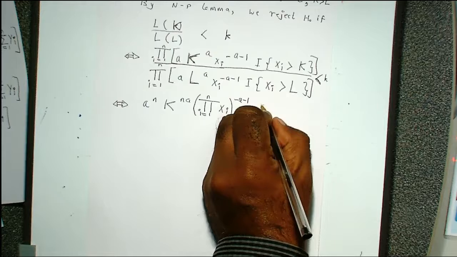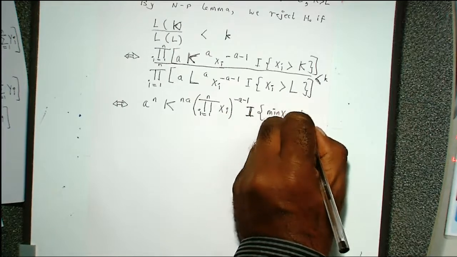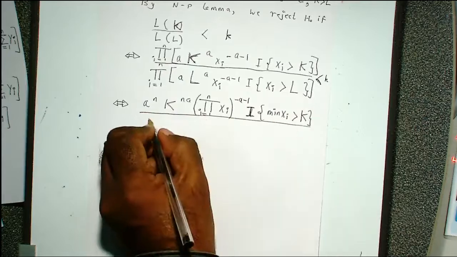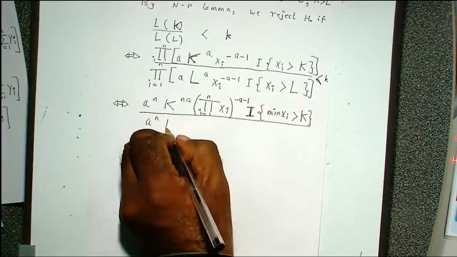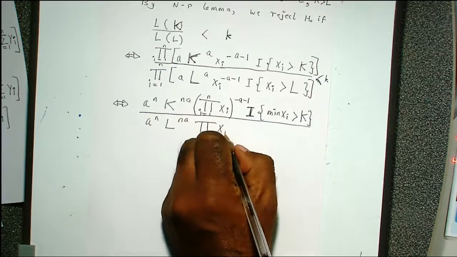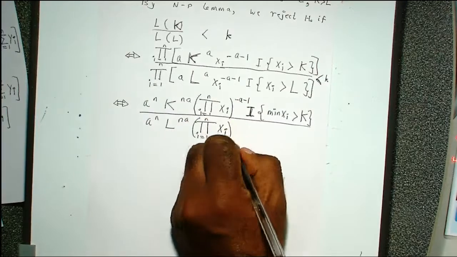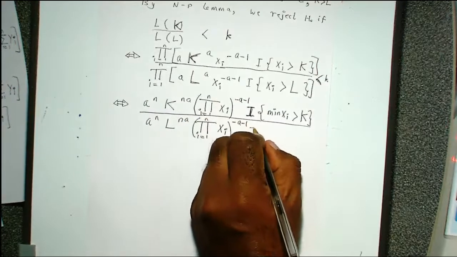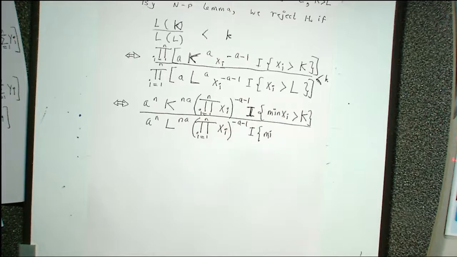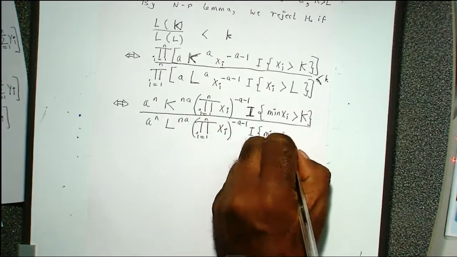The product of this is the indicator that the min of xi is greater than capital K. Then in the denominator you have the similar stuff. This is one of the formulas in the formula sheet you need to remember. So you should know by now.